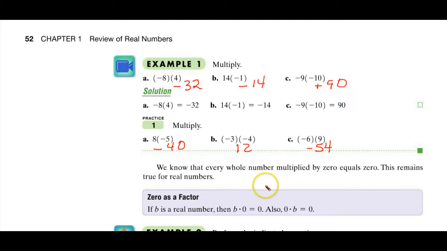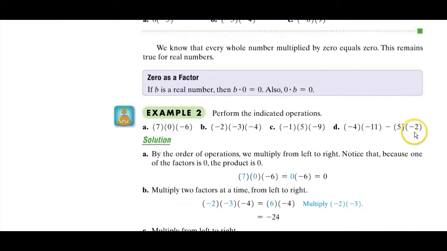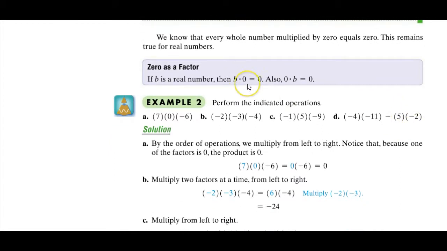Now whenever you find that in a string of factors you run across a 0, then the result is always going to be 0. So let's take a look at this. In example 2a, we see in a string of factors, one's a 0.